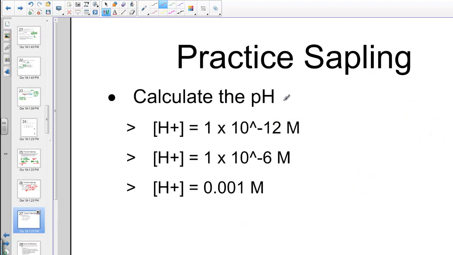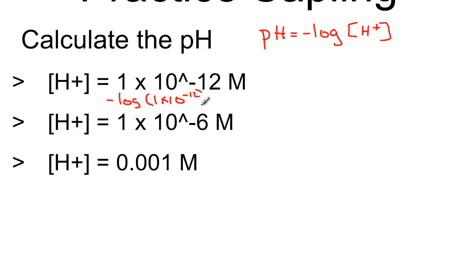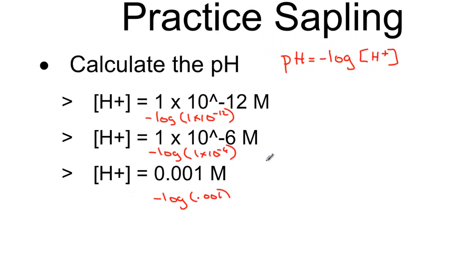Calculate the pH. pH is defined as taking the negative log of the concentration of the acid ion, H+. So we're just simply hitting negative log of 1 times 10 to the -12th, negative log of 1 times 10 to the -6th, and negative log of 0.001.